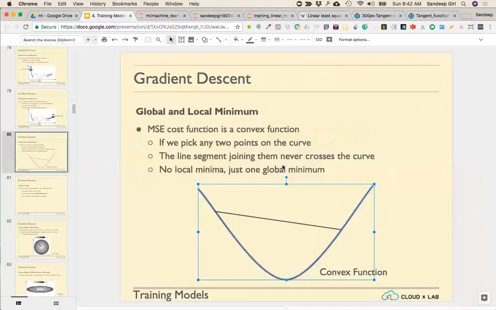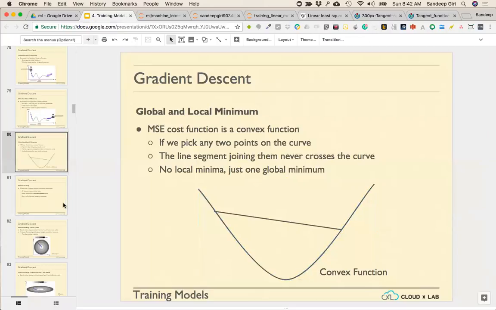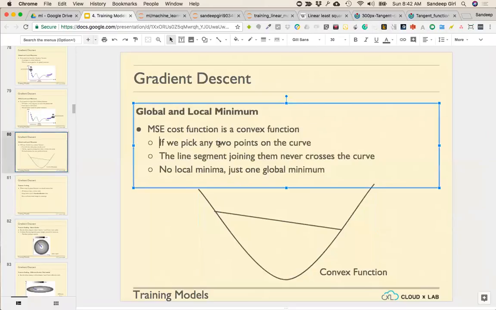Good question, Kamal. Is there a scikit-learn function? Let me just note it down to figure this out.